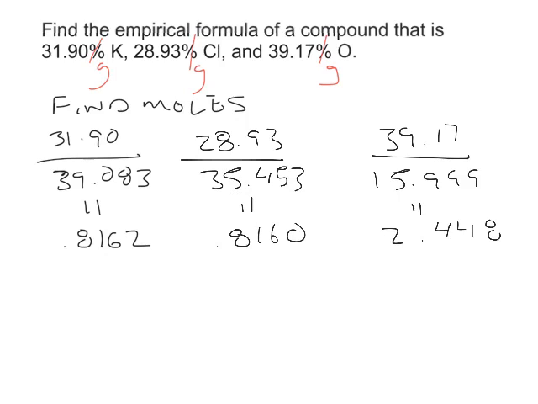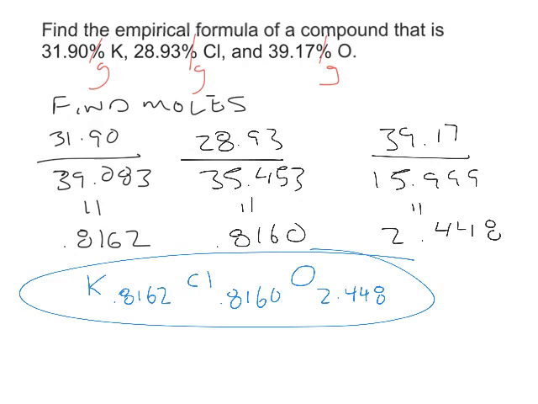At this point, I could write the formula of this substance with these ratios, and it would be an accurate formula for whatever this is. So that would be the formula of our guy. But that's not how we like to see our formulas.